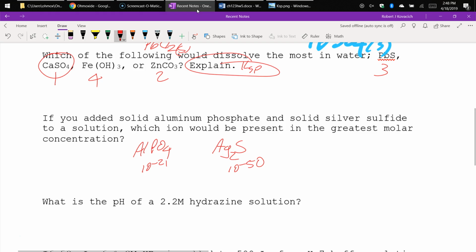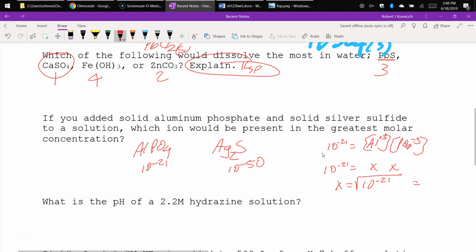The math on this is 10 to the negative 21 is the KSP, and so it'll be aluminum plus 3 and phosphate minus 3, and so 10 to the negative 21st equals x times x, so x is equal to the square root of 10 to the negative 21.